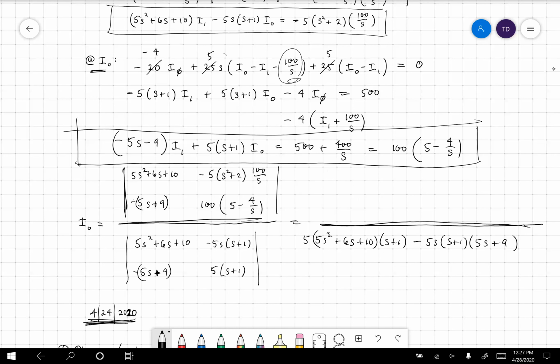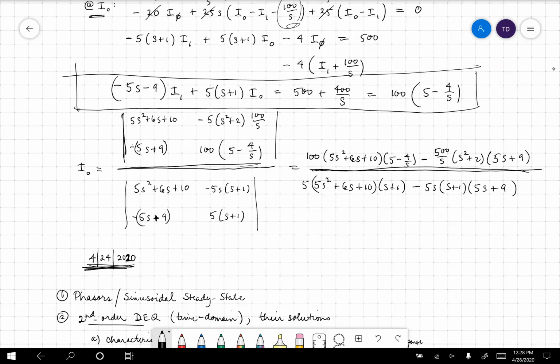So that's the denominator. The numerator is even worse. So it's 100 times 5s squared plus 6s plus 10 times 5 minus 4 over s, minus 5 times 100, 500 over s, times s squared plus 2 times 5s plus 9. Wow. And that's not real pretty at all.